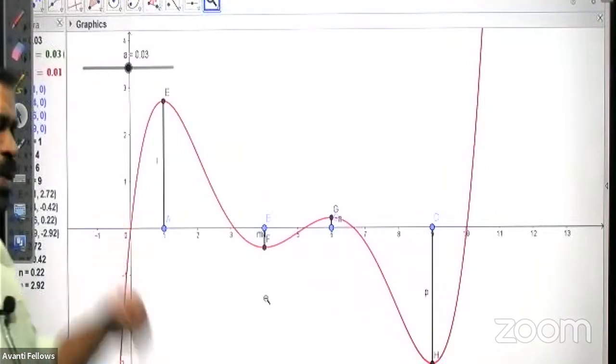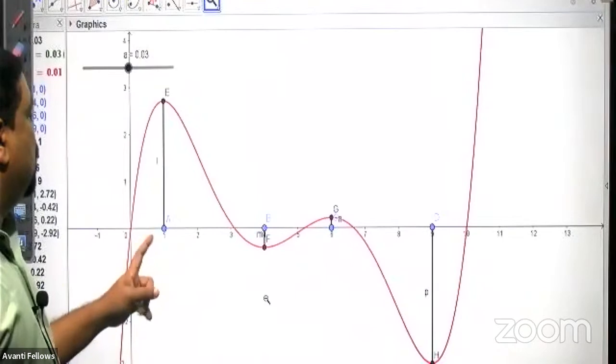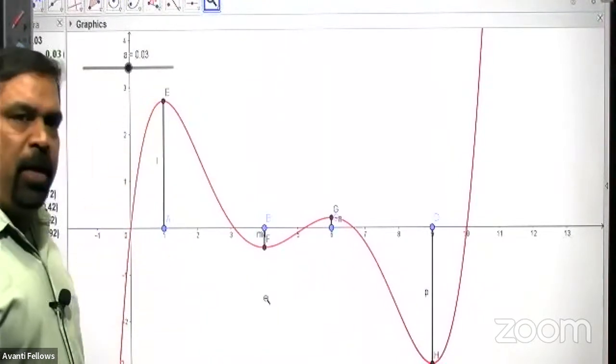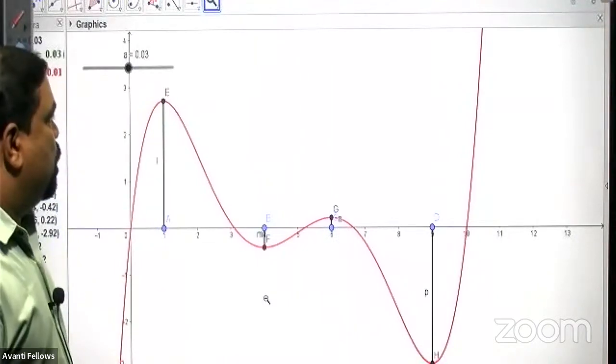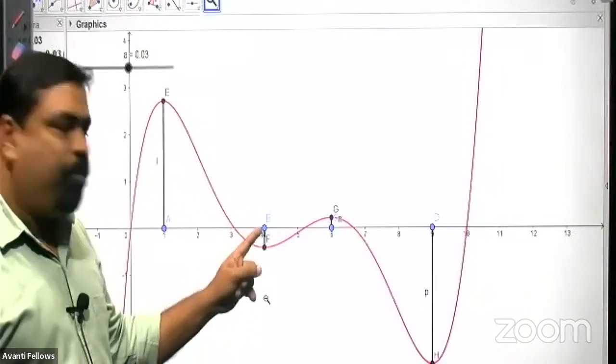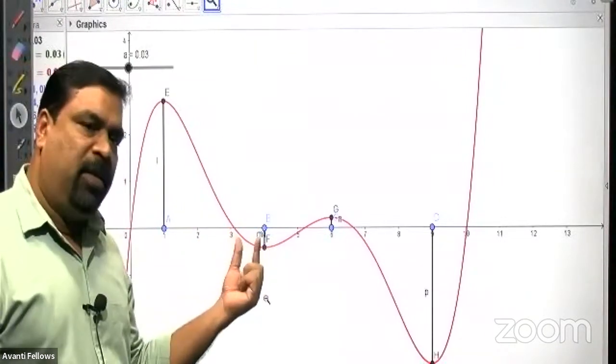At the point A, what you can observe is that the function attains some maximum at that point. And after some time at the point B, you can see that the function attains a minimum at that point.